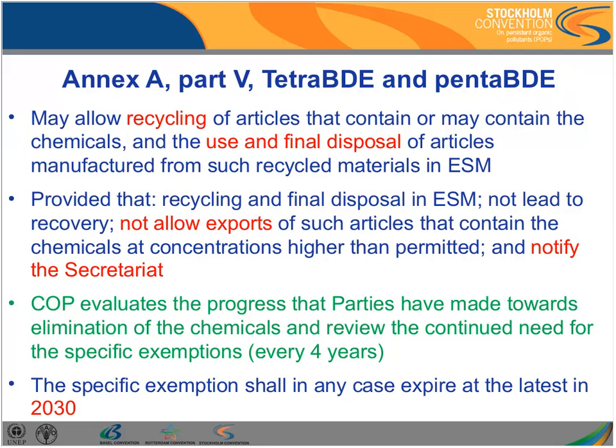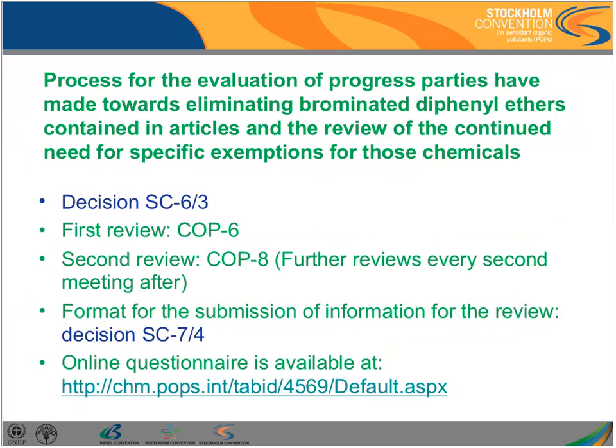For the Conference of the Parties to undertake the review, there is a process provided in Decision SC 6/3, the process for the evaluation of progress parties have made towards eliminating brominated diphenyl ethers contained in articles, and the review of continued need for specific exemptions for those chemicals. In accordance with Part 4 and 5 of Annex A, the first review took place at the 6th meeting of the Conference of the Parties.